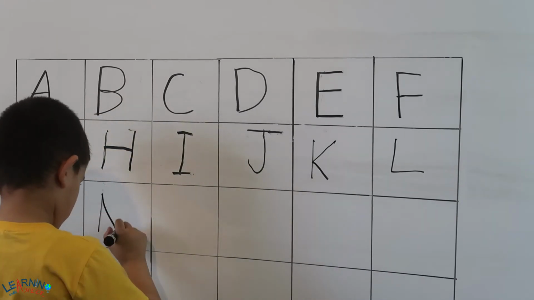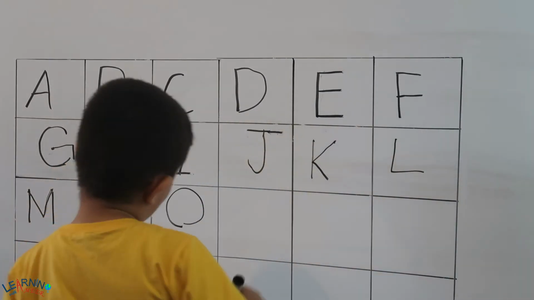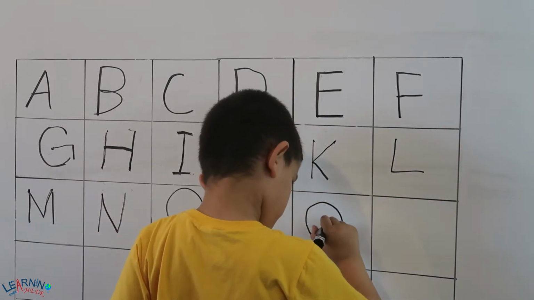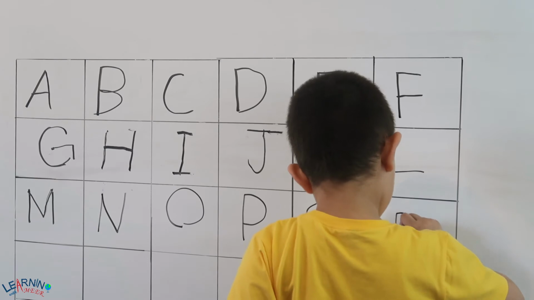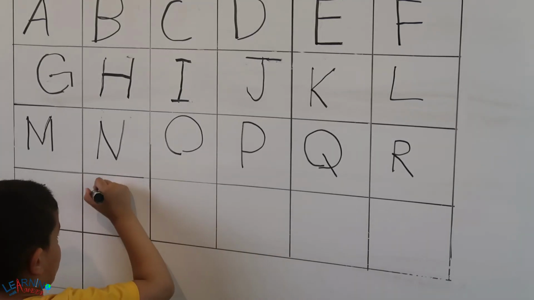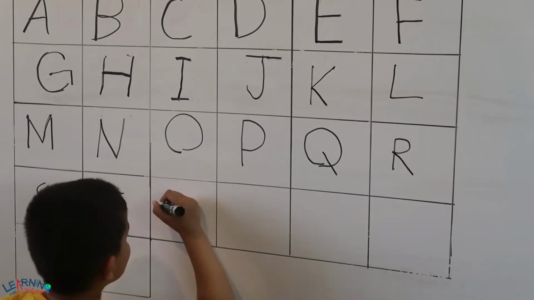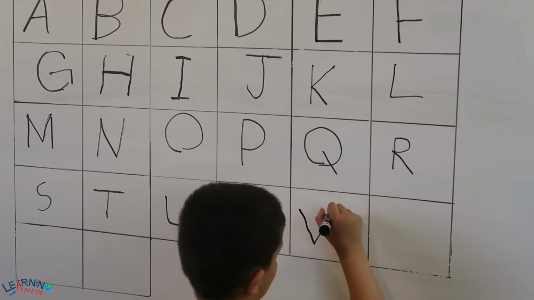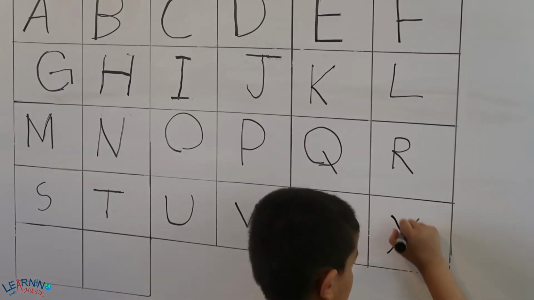Na, ma, no, my, A, B, C's. Next time, won't you sing and me? Q, R, S, T, U, V, W, X, Y, and Z. Now I know my ABCs. Next time, won't you sing with me?